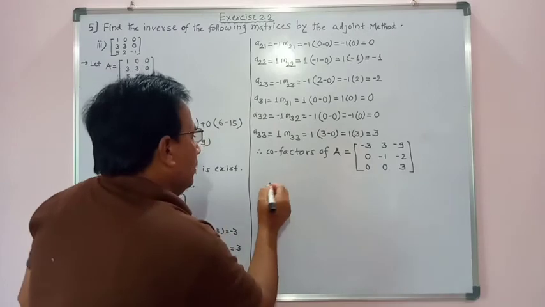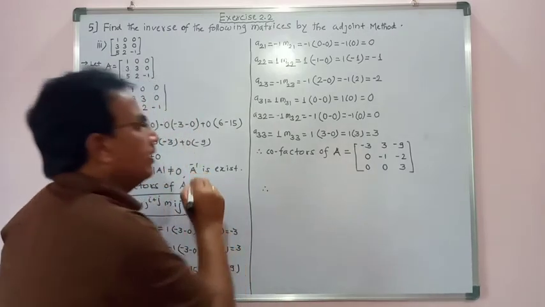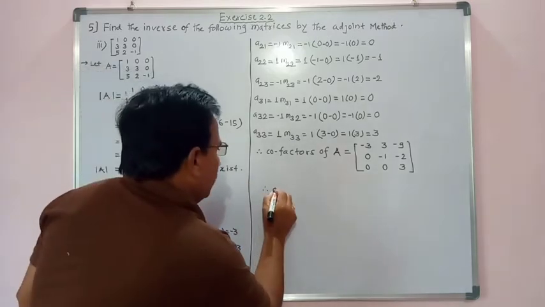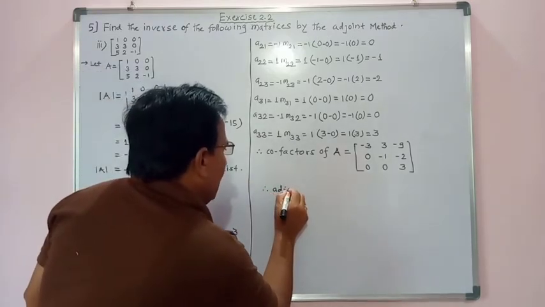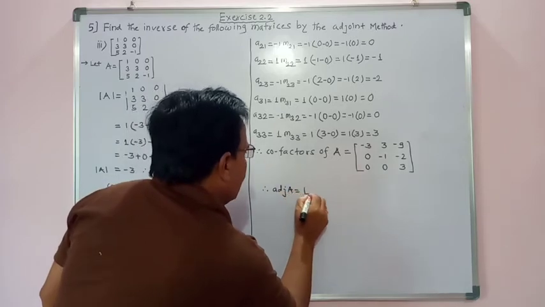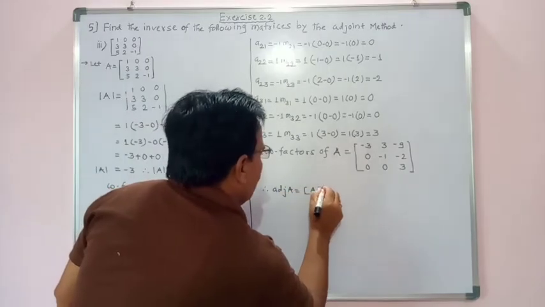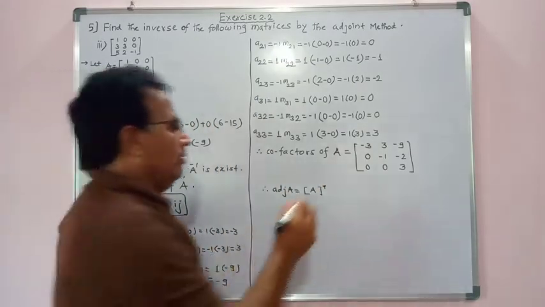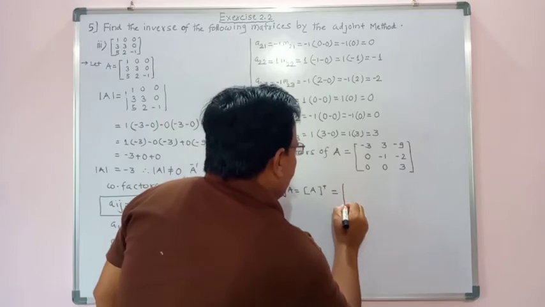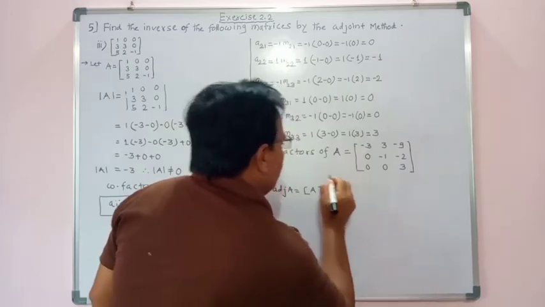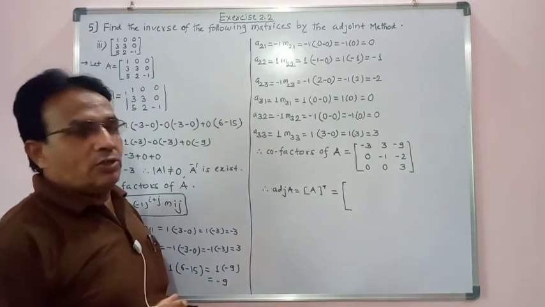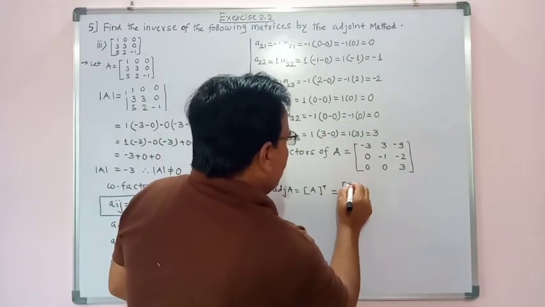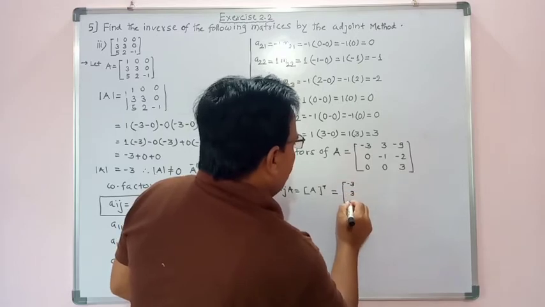Okay. Find the value of adjoint A. What is the value of adjoint A? Adjoint A equals the transpose of matrix A. Transpose means interchanging rows and columns. The first row becomes the first column: minus 3, 3, minus 9.